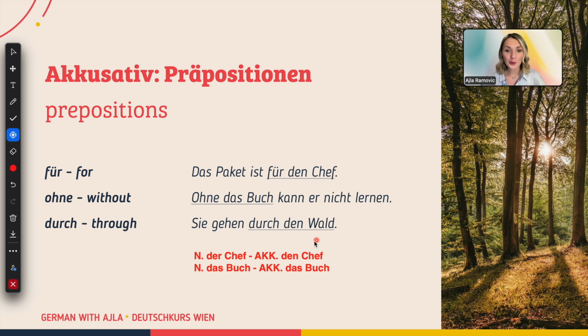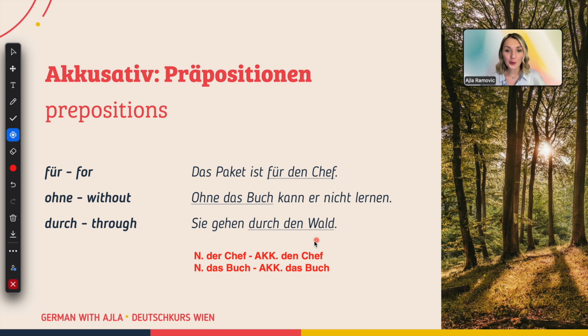That's why we have a visible change. Woods, you can also say forest, is in German der Wald, and it is changing into den Wald. Nominativ der Wald und Akkusativ den Wald. Sie gehen durch den Wald.